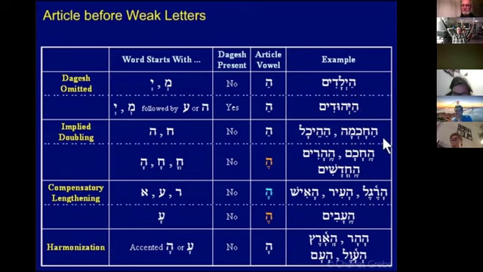What's going on is this. In this case, you have a vocal schwa under your yud, your first root vowel. Here you have some other type of vowel. When you have a vocal schwa and you add the article, it takes that yud and makes it a closed syllable. So now this yud is part of the closed syllable.